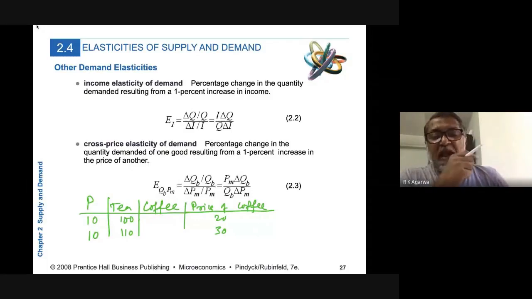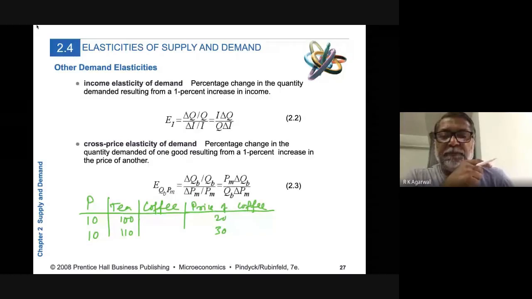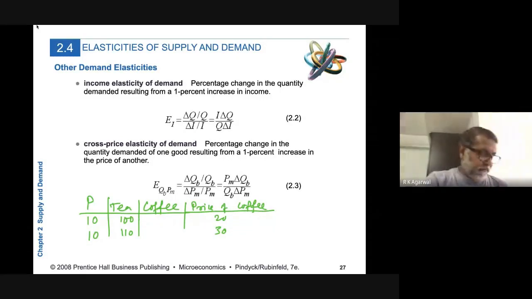And we are not talking about the impact of an increase in the price of coffee on the demand for coffee, we are talking about the impact of increasing price of coffee on the demand for tea. So when the price of coffee goes up from 20 rupees to 30 rupees per cup, what happens to demand for tea? Demand for tea goes up from 100 to 110.